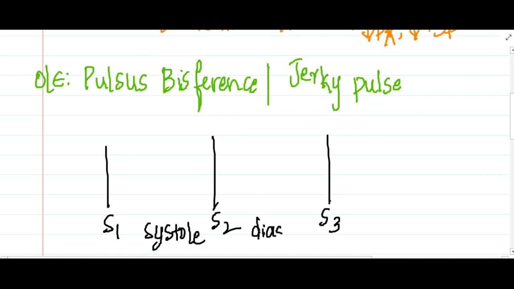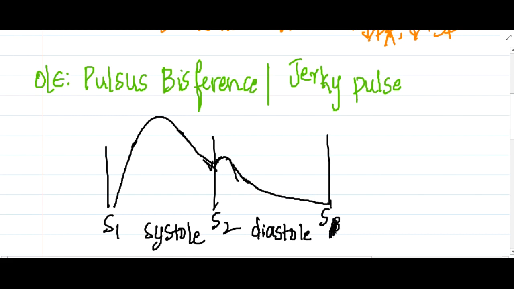Now the pulse will look somewhat like this. It starts from here, peaks in the systole, and in the diastole it starts a somewhat smaller wave, the dicrotic notch, and it will end again at the end of diastole. Now this is the normal pulse wave.